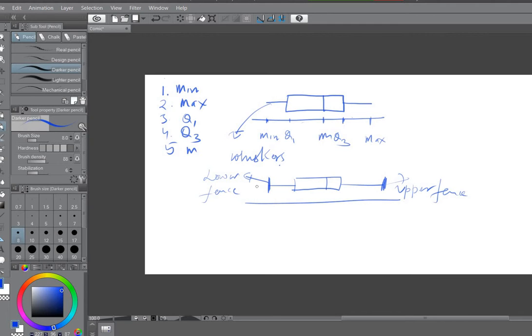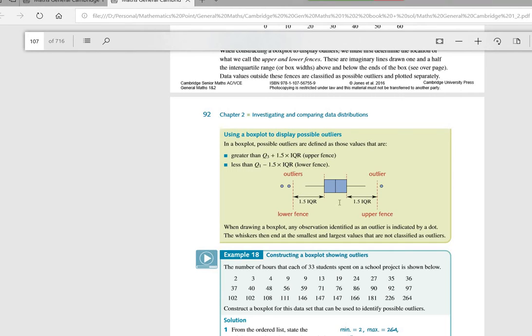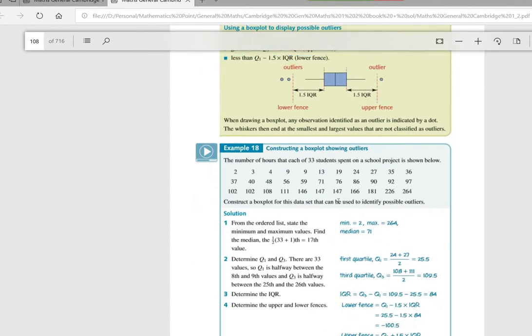Any data value which is lower than the lower fence or higher than the upper fence is an outlier. So you see these two points that I've drawn here, they are marked as the outliers.